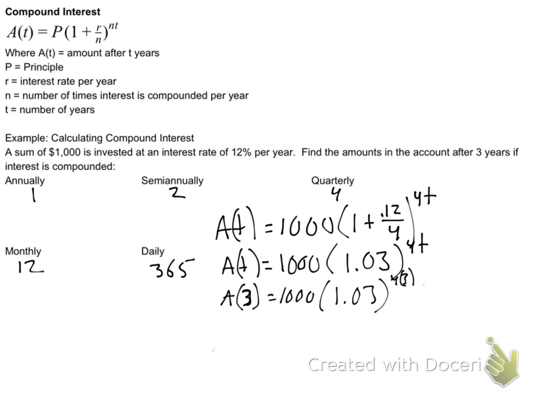So I'm going to get a calculator out, and what we can do then is figure out what is 1.03 raised to the 12th power and multiply that by 1,000, and you end up with $1,425.77. In 3 years, you almost got half the amount of money for doing nothing other than letting it sit. That's the power of investing your money.